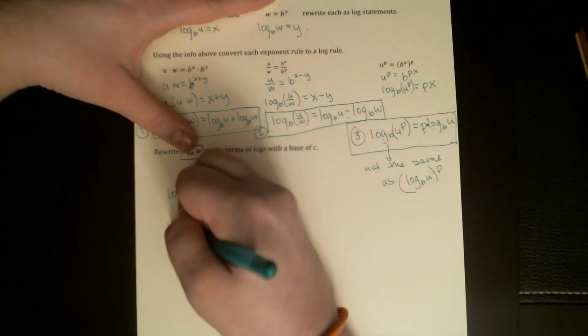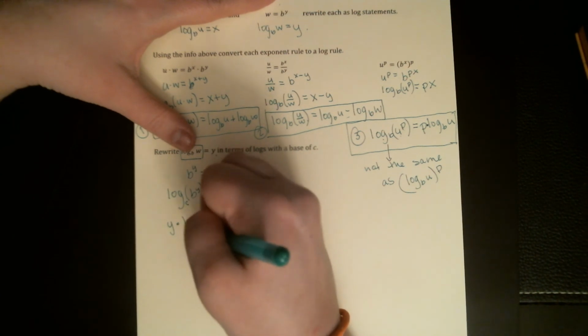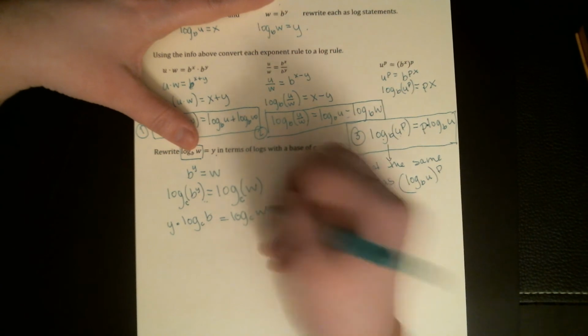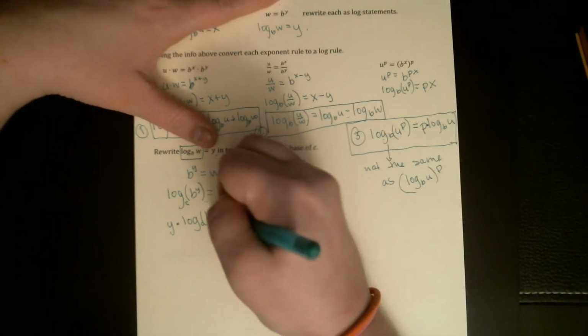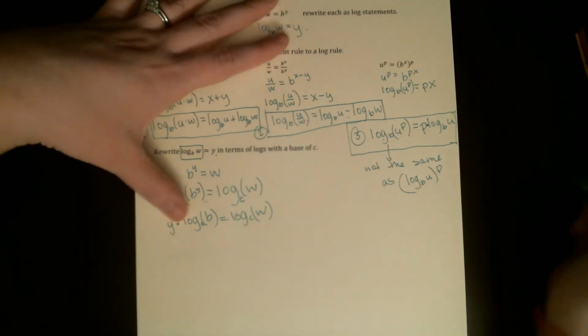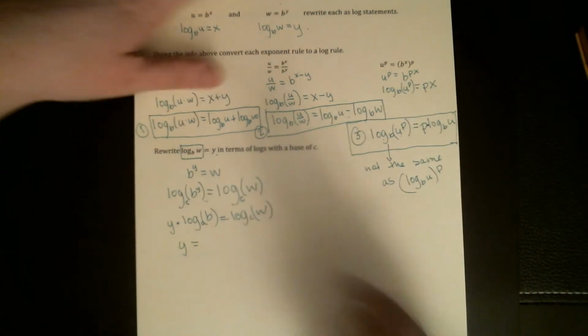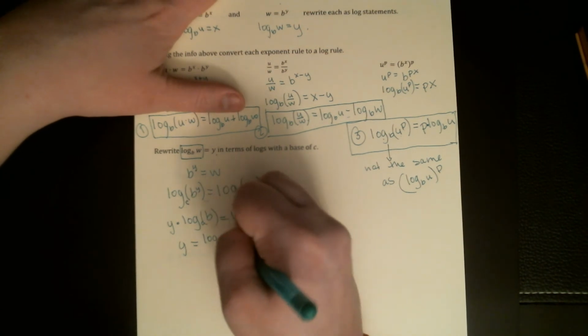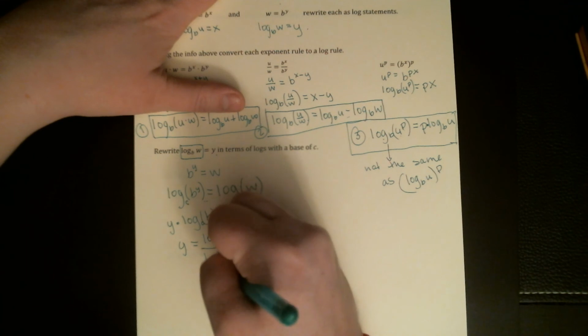This is a p times. So I move the y down in front. And it's y times the log base c of b equals the log base c of w. I guess we can keep parentheses either way there. And then because this is attached by multiplication, I'm going to go ahead and divide. I get y is equal to the log base c of w over the log base c of b.